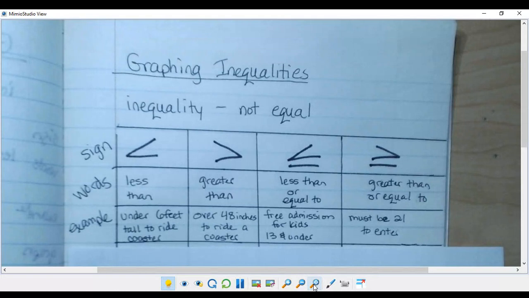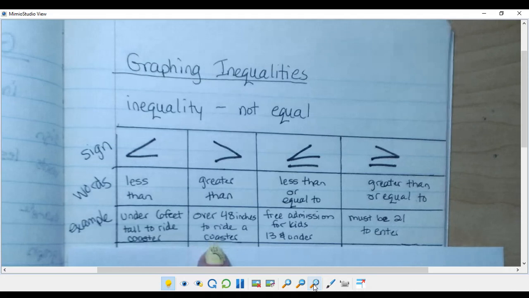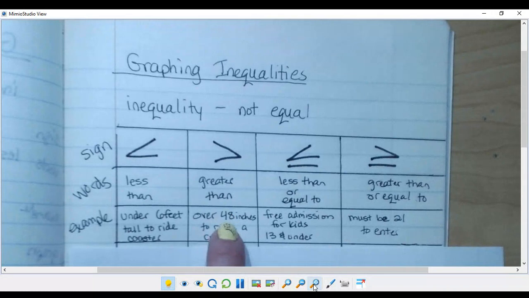You must be under 6 feet in order to ride a particular ride. The opposite of that, they want to make sure that you're tall enough and you're not going to go flying out of the seat. So you must be over 48 inches to ride another coaster. If you're exactly 48, they're not letting you on. Like, oh, I just made it to the line on the measuring stick. You have to be above that line. You must be over 48 inches.